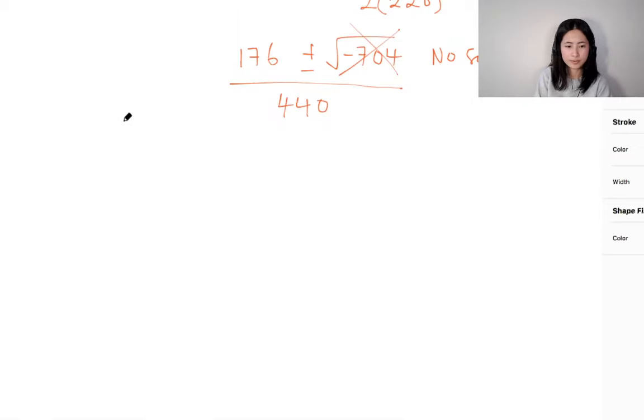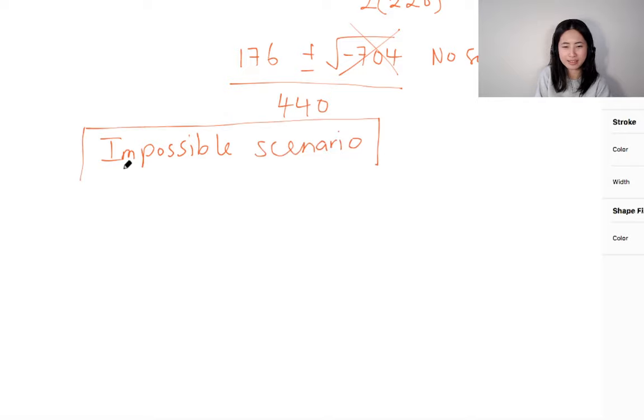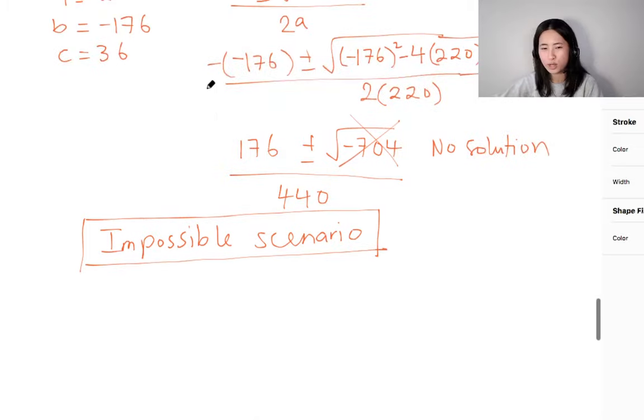Some of you are probably frustrated right now, doing all this work, and you're probably saying, did you just say that this is impossible? So we did this for nothing? Well, I guess that's the beauty in math, right? Sometimes you just need to do and solve it in order to find the right answer.